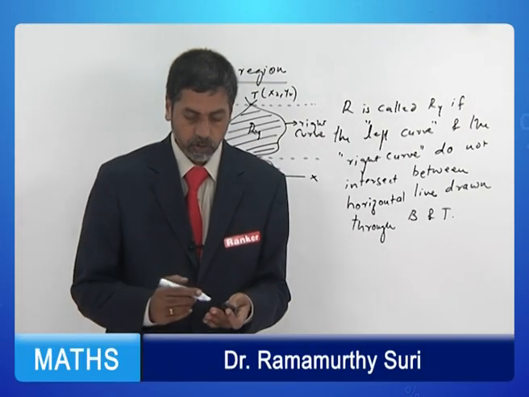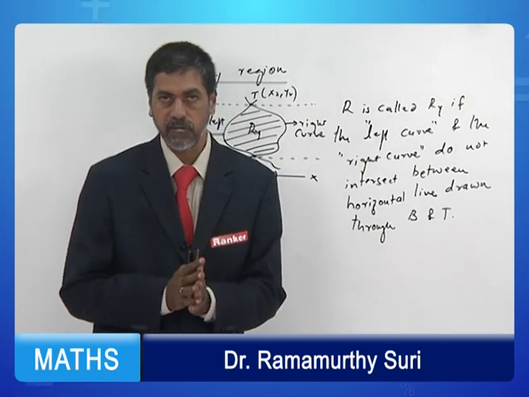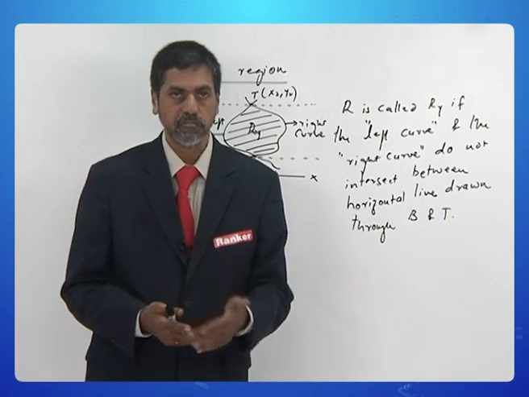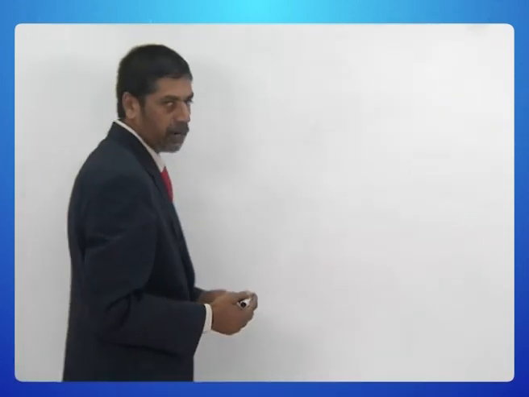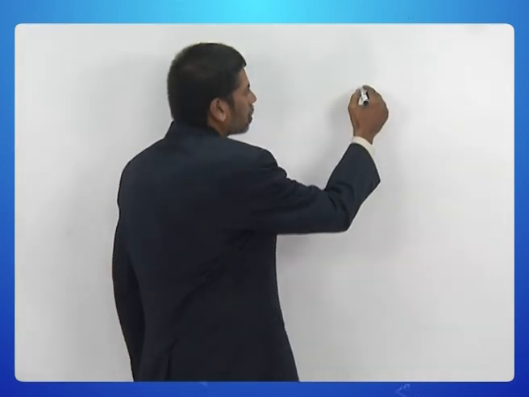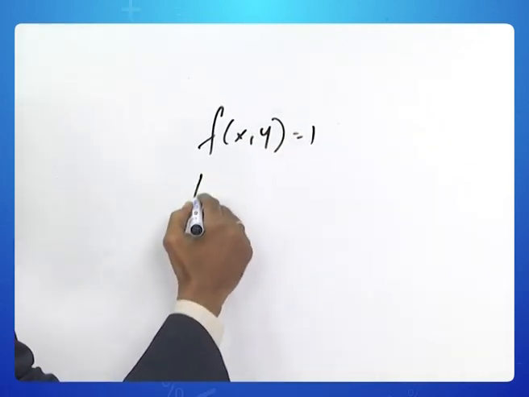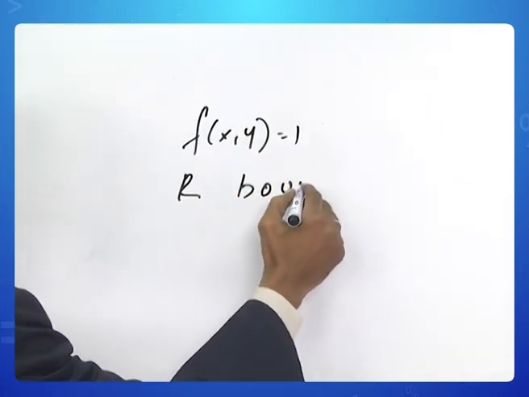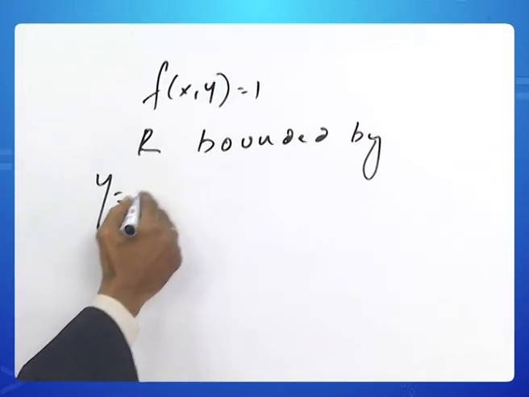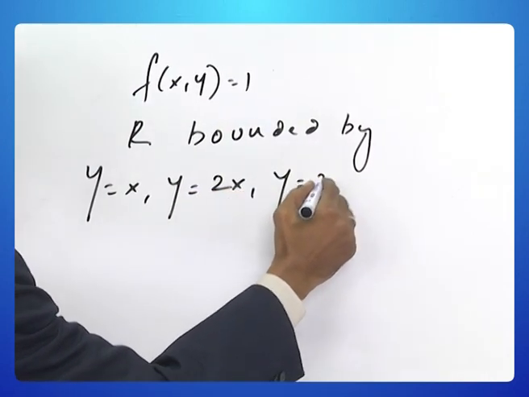So now I will take you back to the previous problem and tell you how easily you can evaluate that as a single double integral, provided you see the region as an Ry region. So let's go back to the previous problem. The previous problem is f of xy is 1, R bounded by y is equal to x, y is equal to 2x, y is equal to 2.